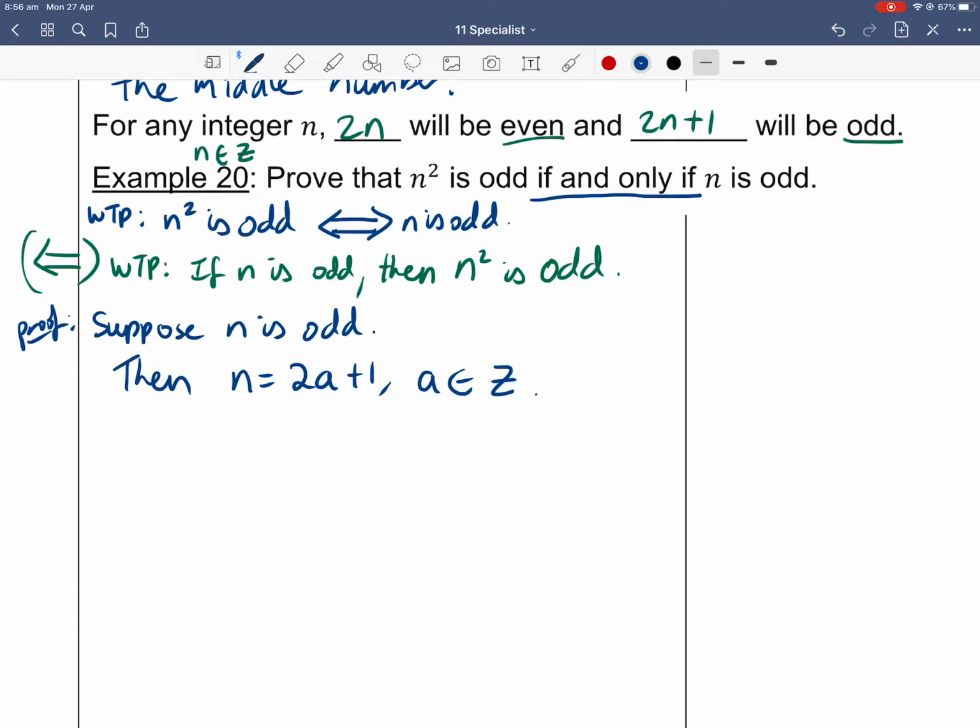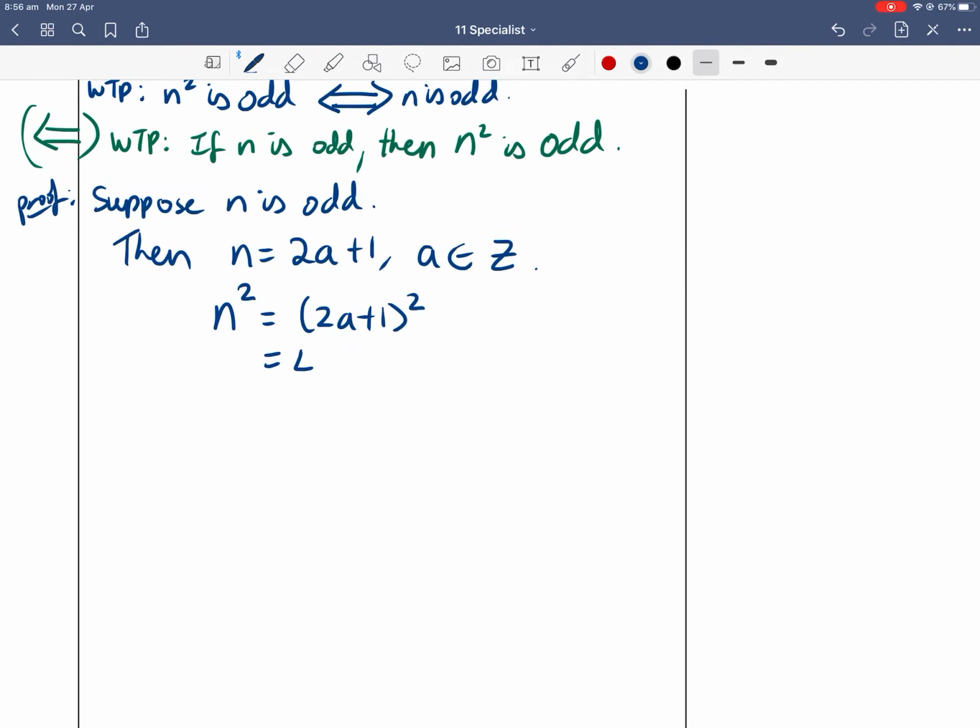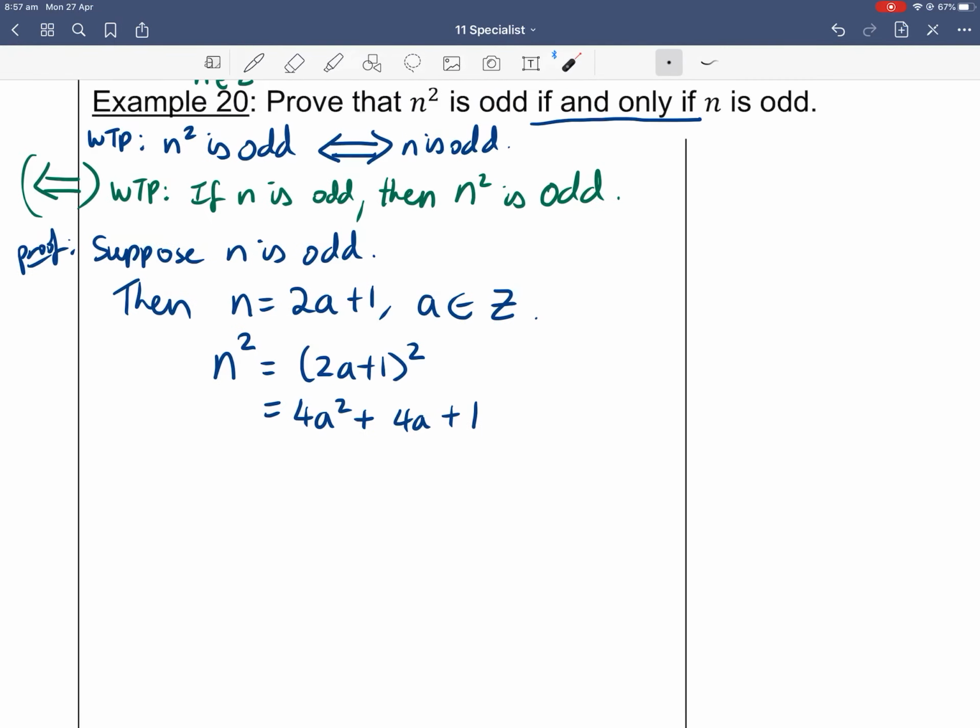Well, we want to show something that involves n squared. If n is equal to that, what is n squared equal to? Well, n squared is equal to (2a plus 1) all squared. If you see a square, let's expand it. So we get 4a squared plus 4a, because it's twice first times second, plus b squared, so that's 1.